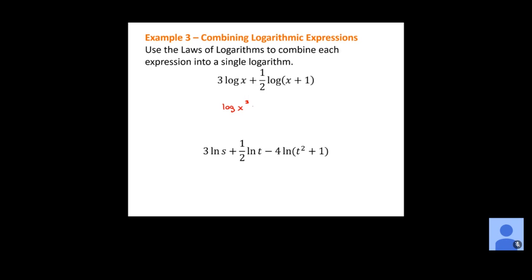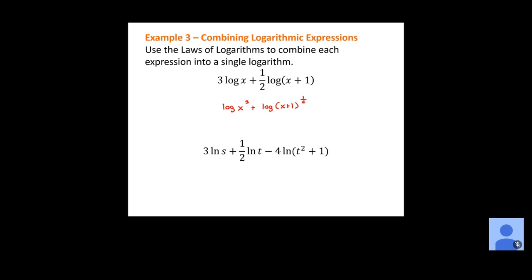Then we have our plus. Now this 1/2, I can move it into the exponent. Notice there's a grouping here with parentheses, so that 1/2 actually goes on the outside of those parentheses. So this is going to be the log of x plus 1 to the 1/2 power. At that point, we have addition.